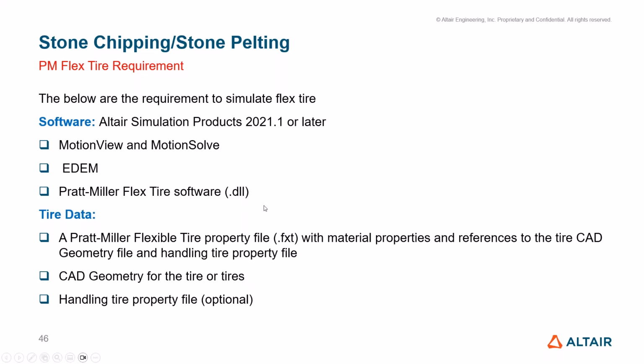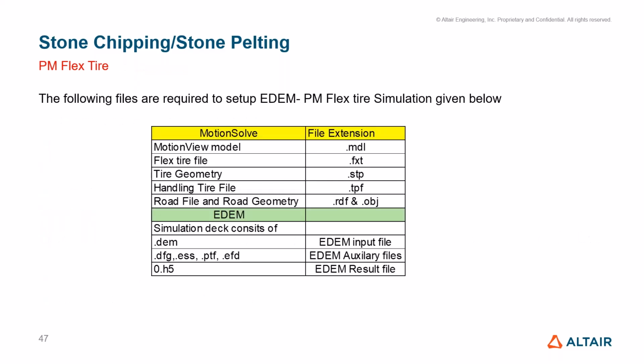The FXE file has to be created with the appropriate tire property data, and the CAD geometry has to be placed. The tire CAD model should be placed, and the handling tire property should be the necessary one. These are the file formats from the respective software.